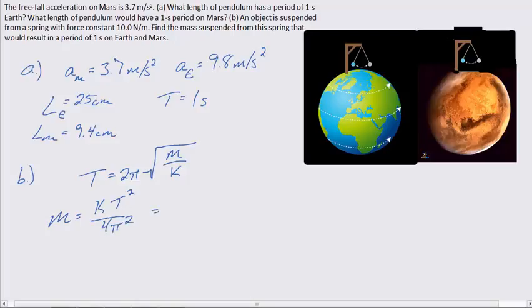And so if we just plug in our values, we're given that our spring constant of 10 newtons per meter multiplied by a period of 1 second squared divided by 4 pi squared would give us that our necessary mass would be equal to 0.25 kilograms.